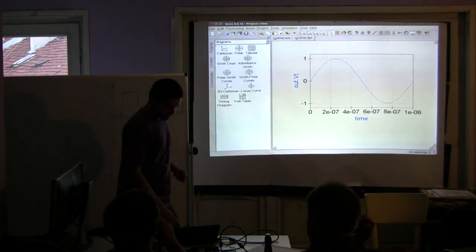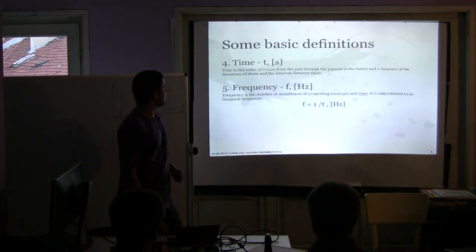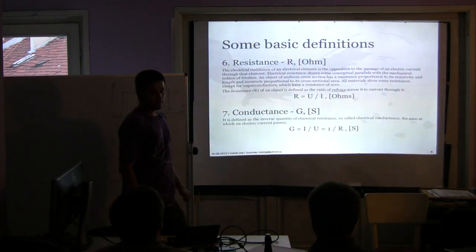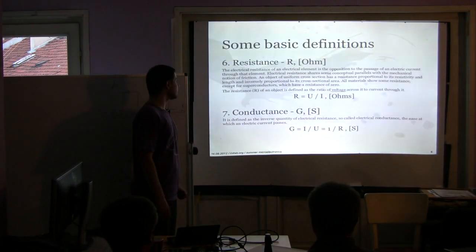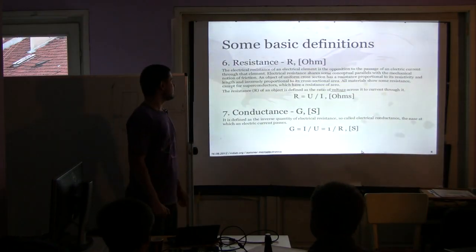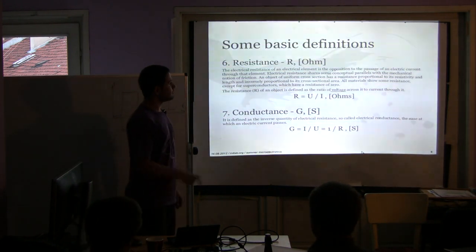We will define the resistance and conductance. The resistance of an electrical element is the opposition to the passage of an electric current through that element.